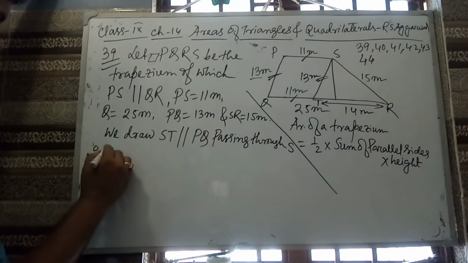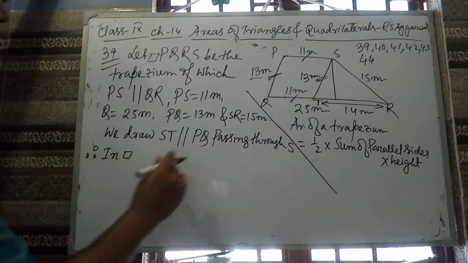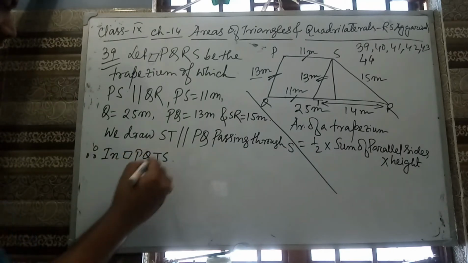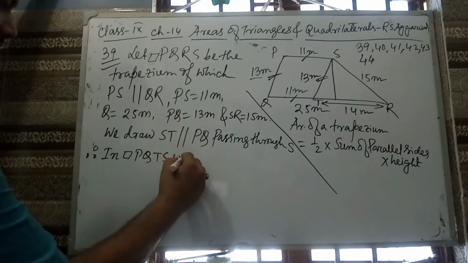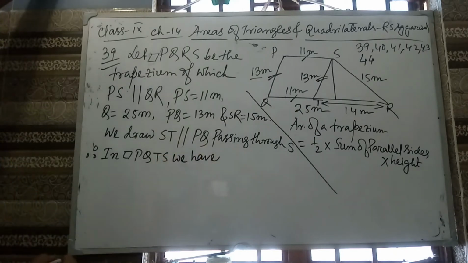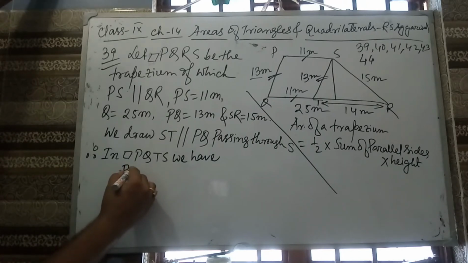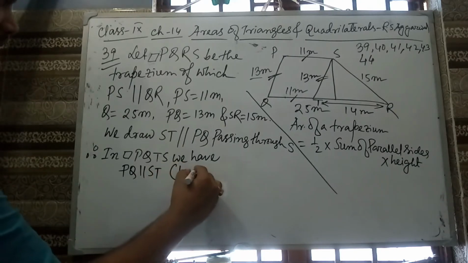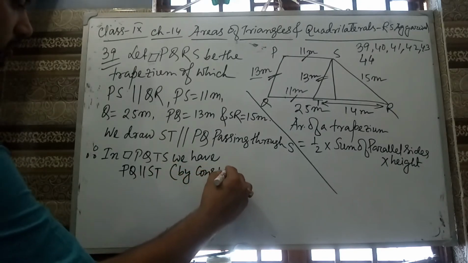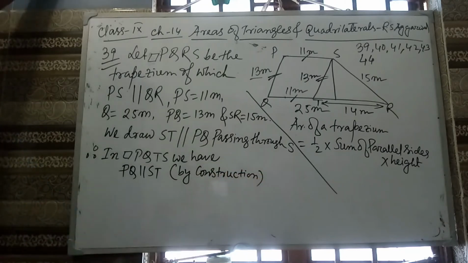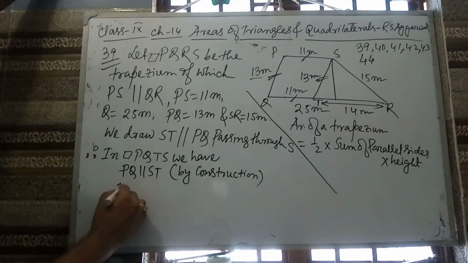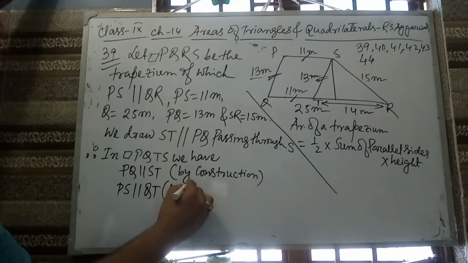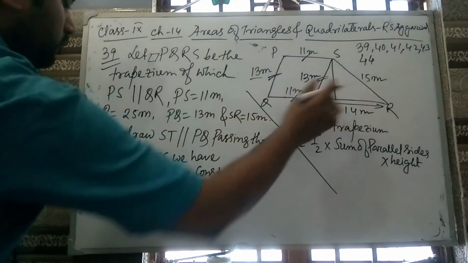Therefore, in quadrilateral PQTS, we have PQ parallel to ST by construction and PS is parallel to QT since PS is parallel to QR.